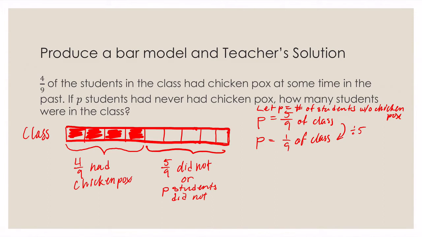But what does that do for my P? We'll have to also divide by 5. And then put P over 5. Now normally we have a number there, and it would just be some number again. But since we don't, we're just going to build up an expression. Now we want to get, again, to the whole class, and so we've got to get 9/9 here.